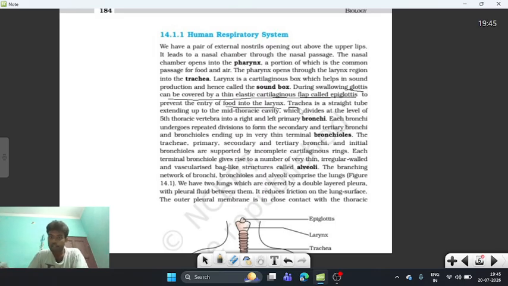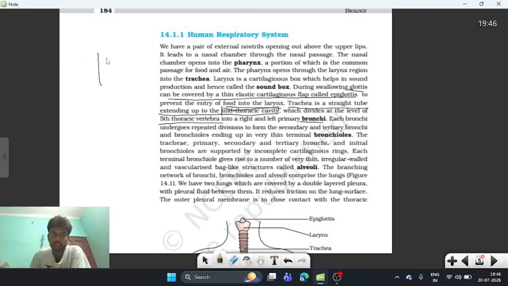What is trachea? Trachea is a straight tube extending up to the mid thoracic cavity. This is the cavity in our body. It is located in the portion which divides at the level of the fifth thoracic vertebra, till here the larynx is located, and the trachea is till here, into right and left primary bronchi.